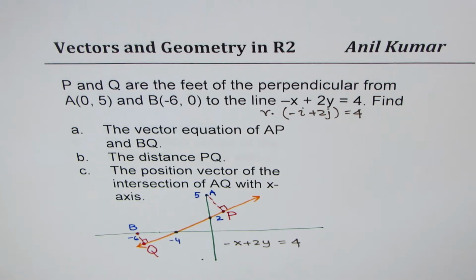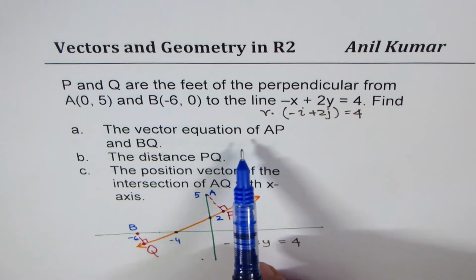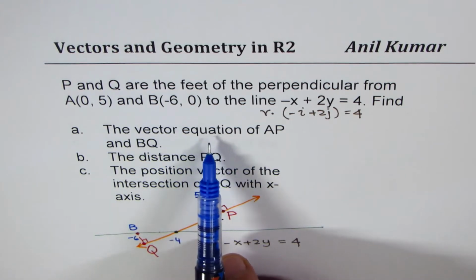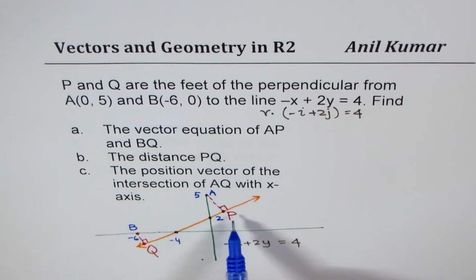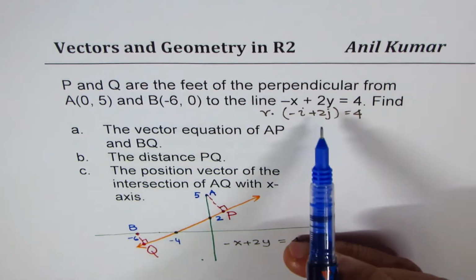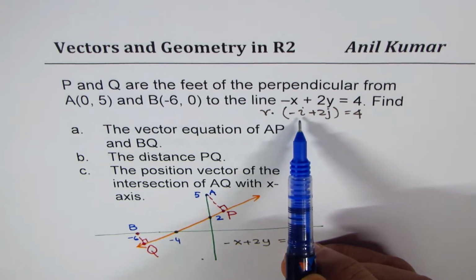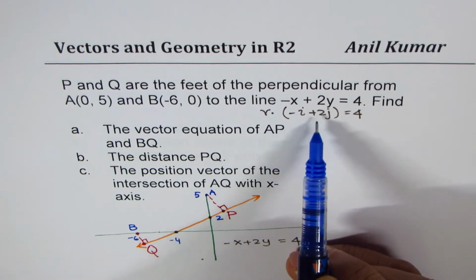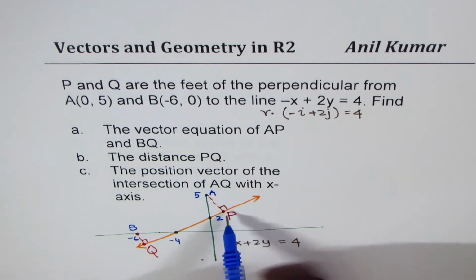To my friends who do not understand vectors, I'll write down the scalar equation also. Let me answer this question first, the vector equation of AP and BQ. From this equation, we have a direction which is (-1, 2).